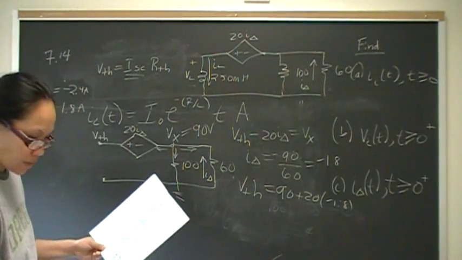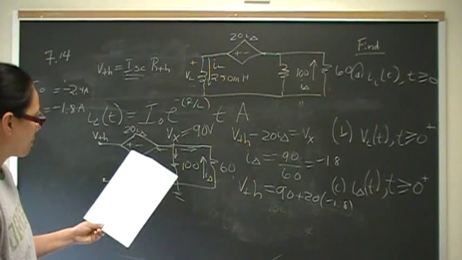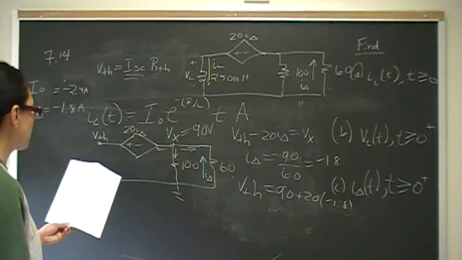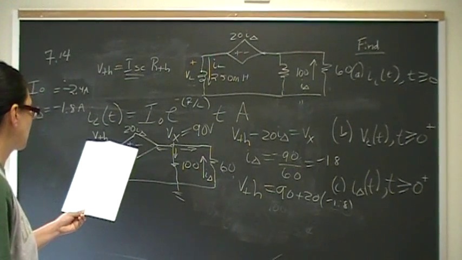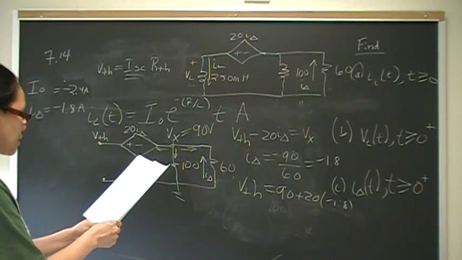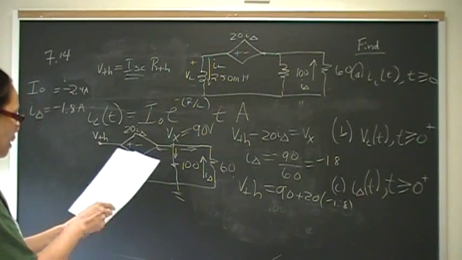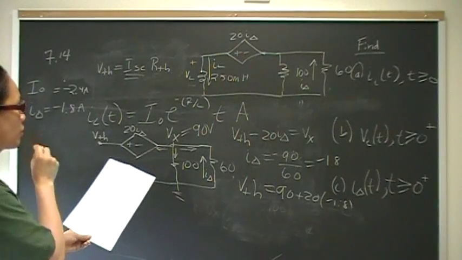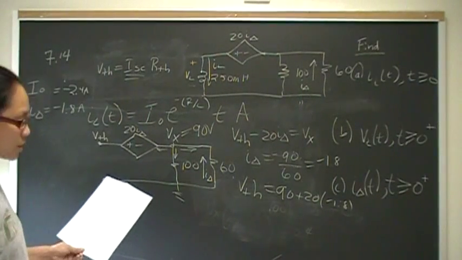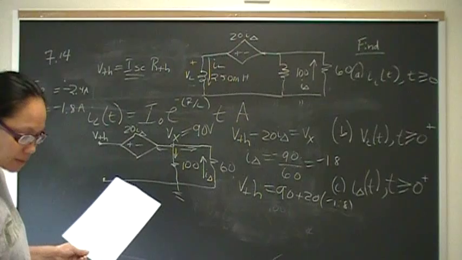Oh, I delta should be Vx over 60, so negative 90 divided by 60.